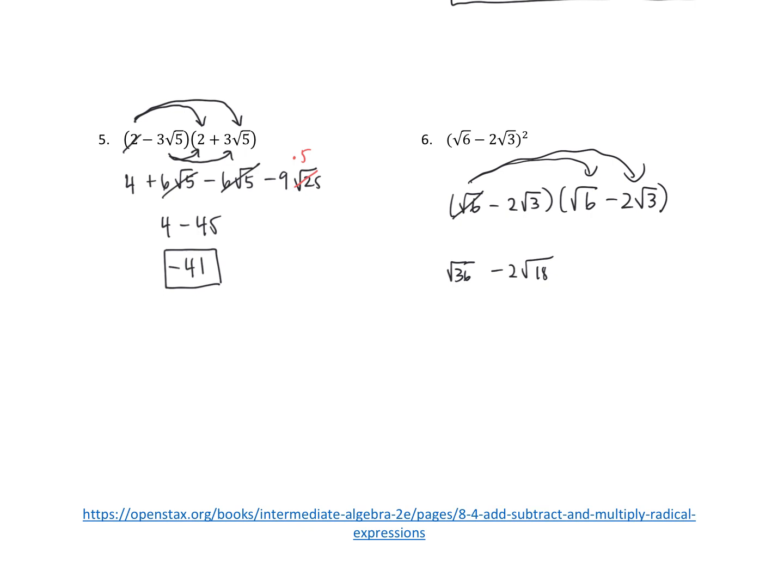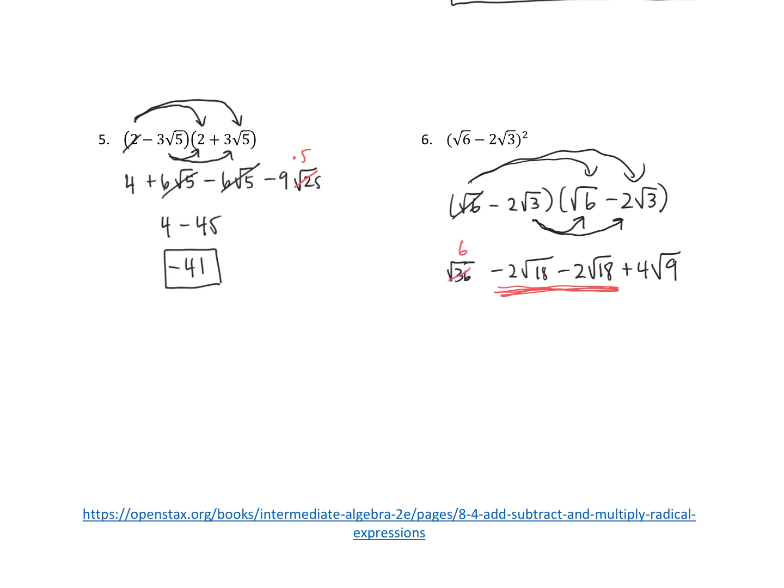We distributed that onto the negative 2 square root of 3. So when we multiply here, we get minus 2 square root 18, and then we get plus 4 square root 9. The middle 2 terms this time are like radicals, but they're not opposite signs. So you're going to have to actually add those together.